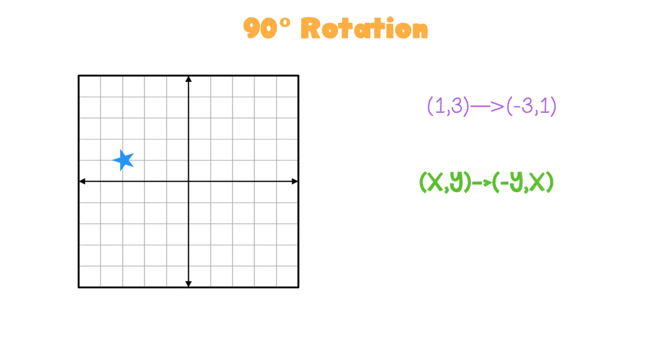So my original point x, y changes. The x goes to the back, the y comes to the front, but the y also changes its sign. This is the rule that you will need to know for a 90-degree rotation, also known as 270 degrees clockwise or negative 270 degrees.